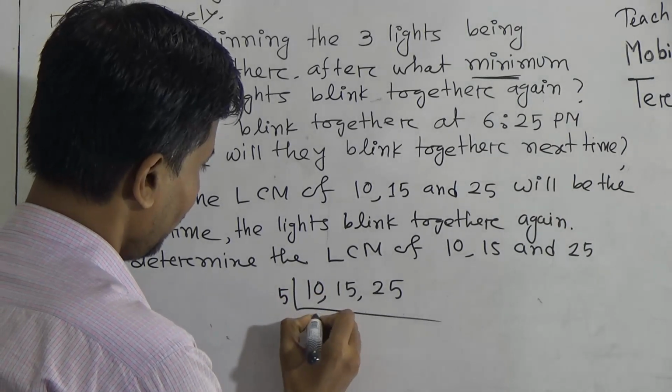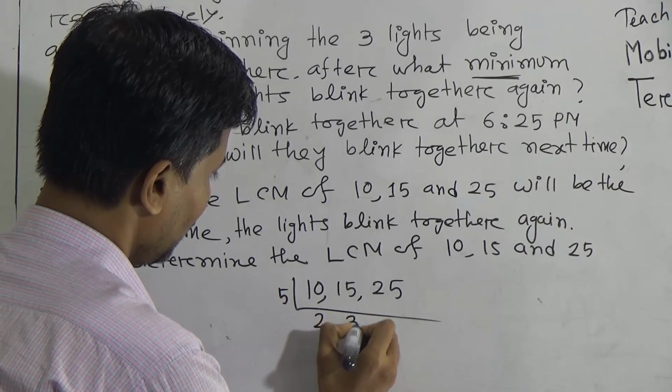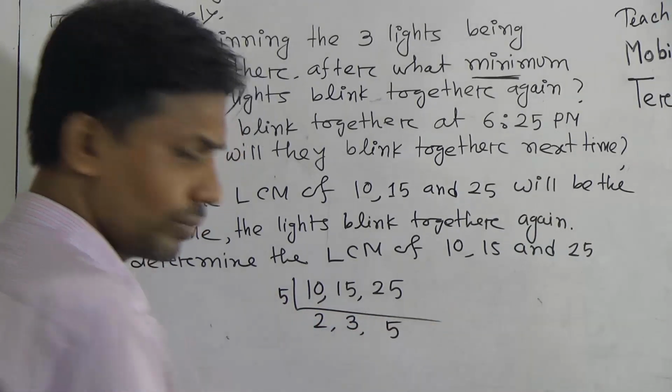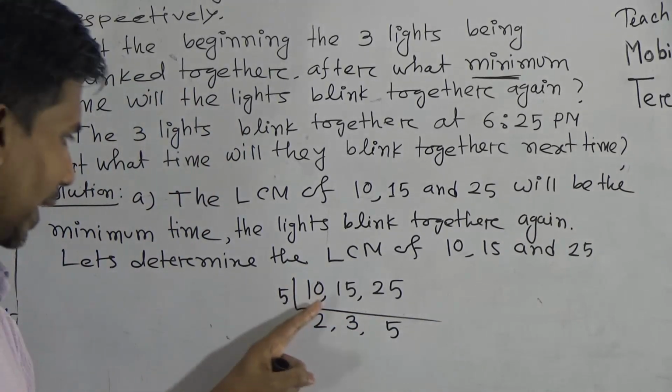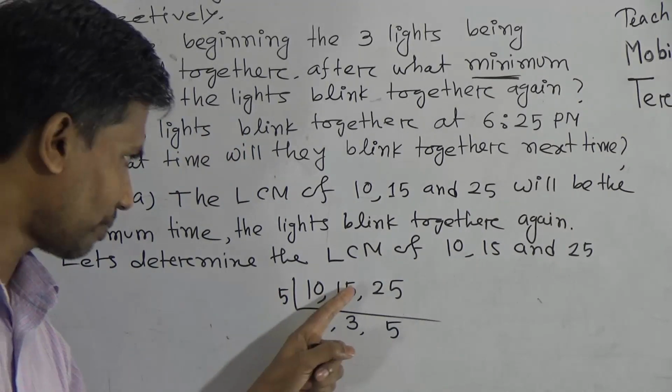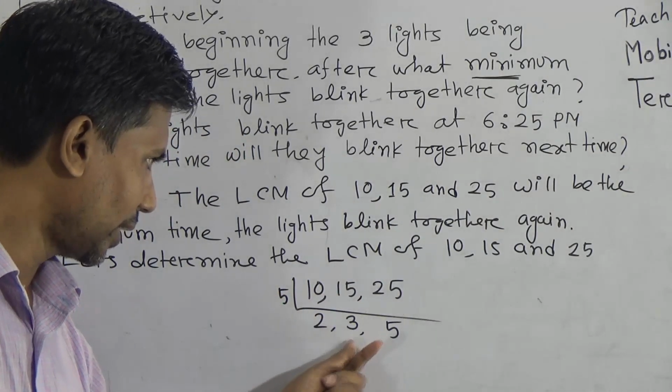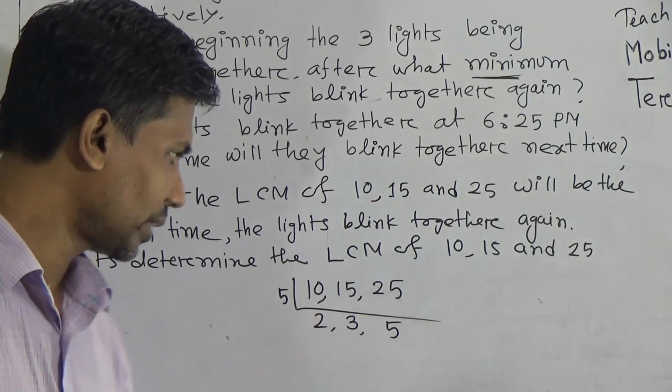Now, 5 2s are 10, 5 3s are 15, 5 5s are 25. If you divide 10 by 5, you get 2. If you divide 15 by 5, you get 3. If you divide 25 by 5, you get 5.